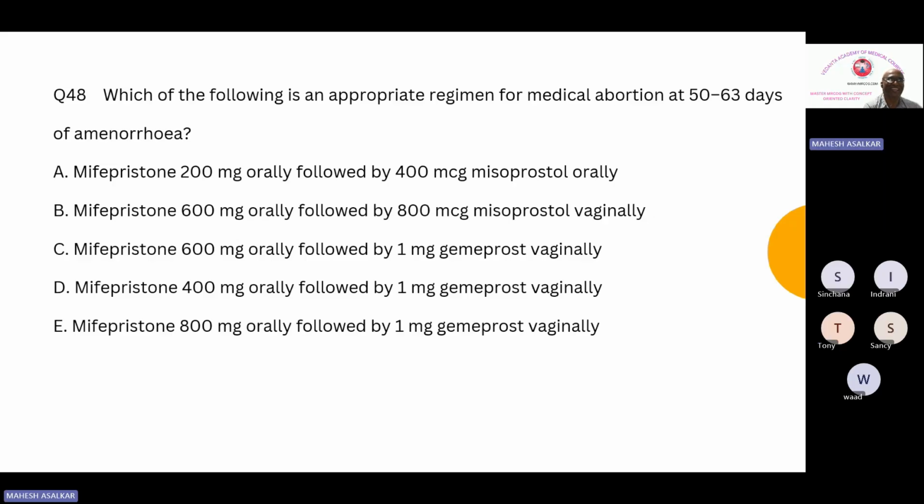But remember, from 50 to 60 days, mife will reduce and miso will increase. So just select appropriately. Should be D: 400 milligram mifepristone orally, followed by 1 milligram gemiprost vaginally.